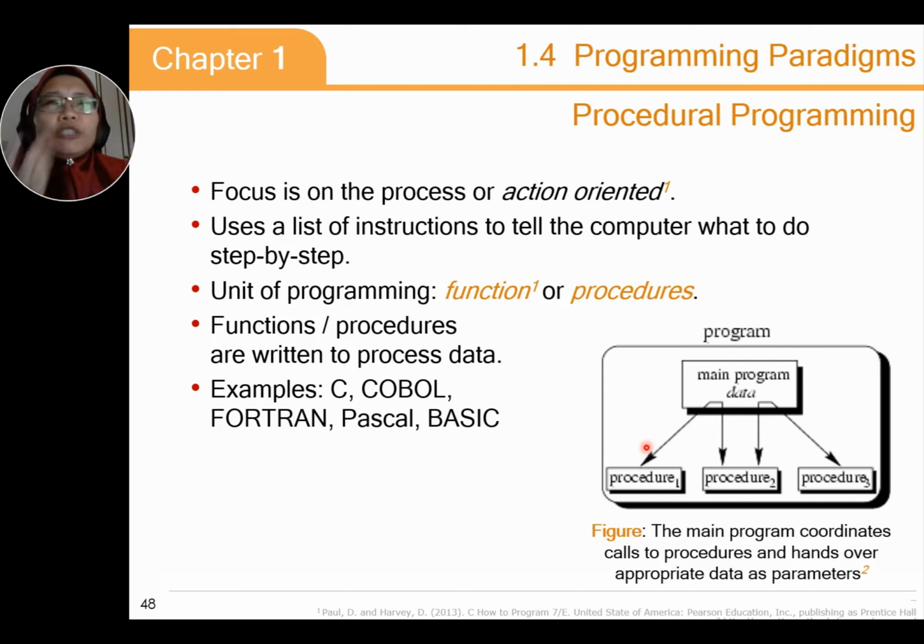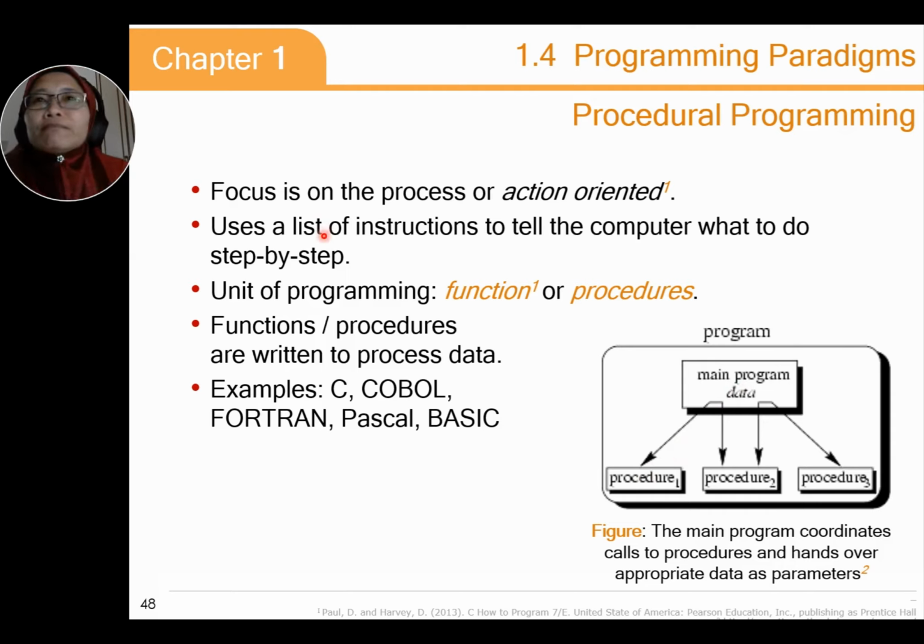This is procedural programming, and this is the figure. Here we see a main program, and the main program coordinates calls to procedures. Here are the procedures, and it hands over appropriate data as parameters. So data here is sent to procedures.